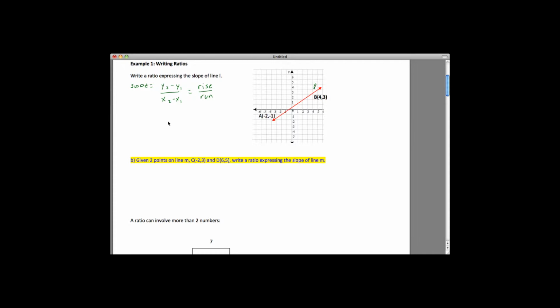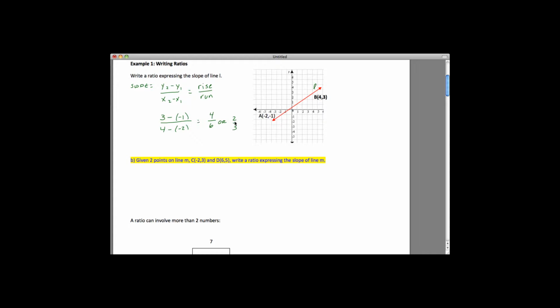When we subtract, we get 3 minus negative 1 over 4 minus negative 2, which is equal to 4 over 6, or 2/3. That is a ratio right there. 2 to 3 would be a ratio, or 2 over 3, or 2 colon 3.